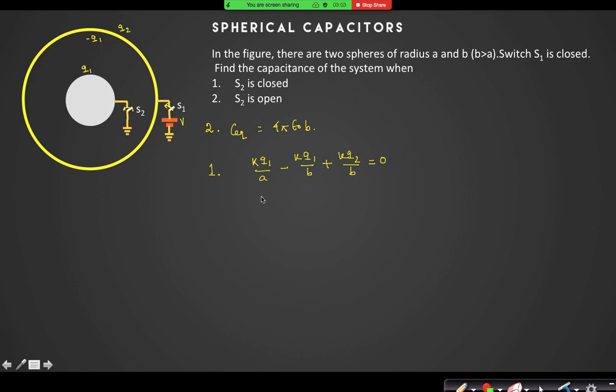But I can say that Q1 by A is equal to (Q1 minus Q2) by B. And also the potential of the outer shell is V, right? So I can say V is equal to K into Q2 by B plus K into Q1 by A minus KQ1 by B. So can I say it is only KQ2 by B? Yes or no?